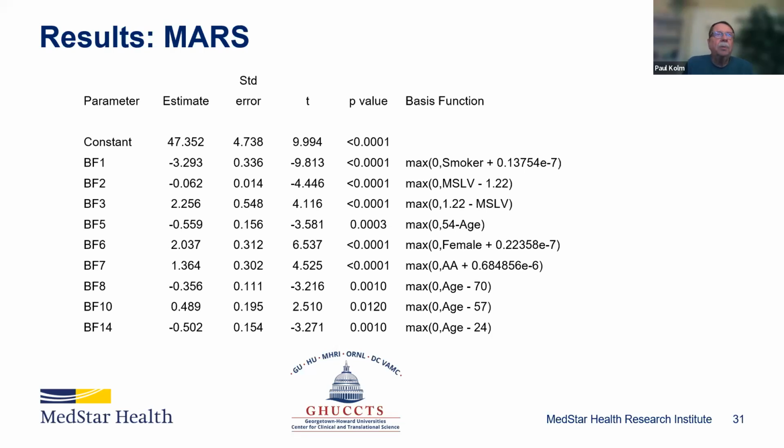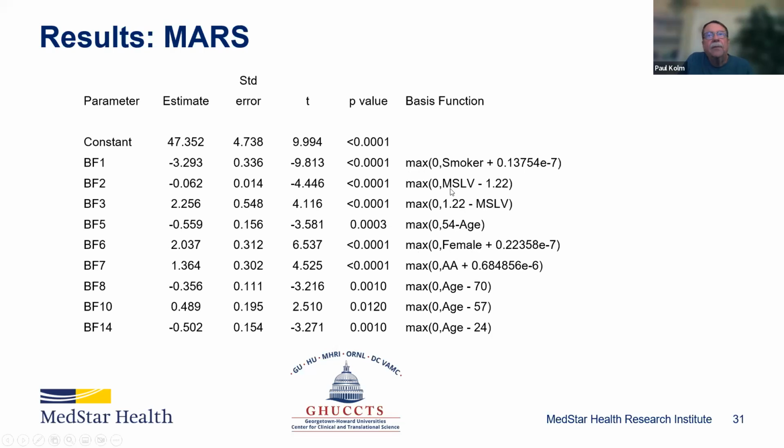And then you would multiply that by its regression coefficient over here. What you see is that for the dichotomous variables, there's only one basis function. So here we have smoker, here's for females, here's for African Americans. For the continuous variables, we can have more than one.